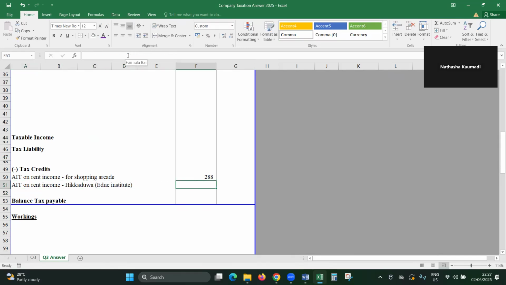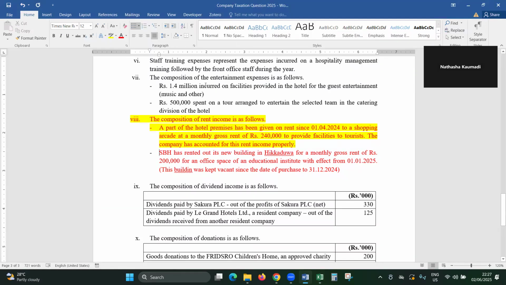How much? 200,000 monthly multiplied by 3 months multiplied by 0.1. That means 10%, 60,000 has been deducted. So these are the tax credits for rent income, and these are the adjustments for rent.